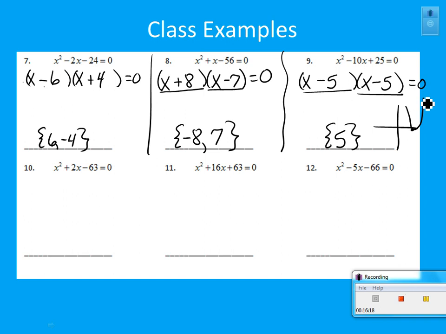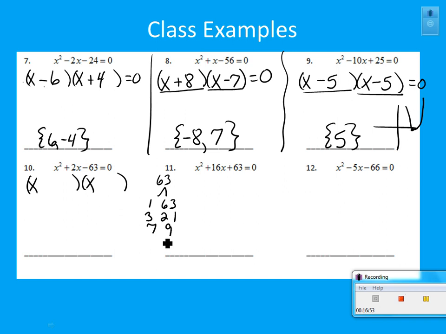X squared plus 2x minus 63. Parenthesis, parenthesis, x, x. Two numbers that multiply to be negative 63, that add up to be 2. Well, if you have to, come over and list them. 1 and 63, 2 doesn't go. 3 and 21, 4 doesn't go, 5 doesn't go, 6 doesn't go, 7 and 9.